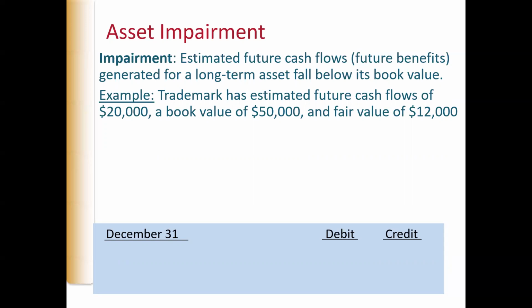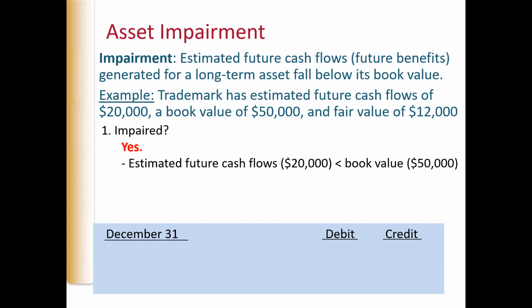Trademark has estimated future cash flows of 20,000, a book value of 50, and a fair value of 12. So we know the asset is impaired because the future cash flows are less than the book value. To record the loss, we take the difference.